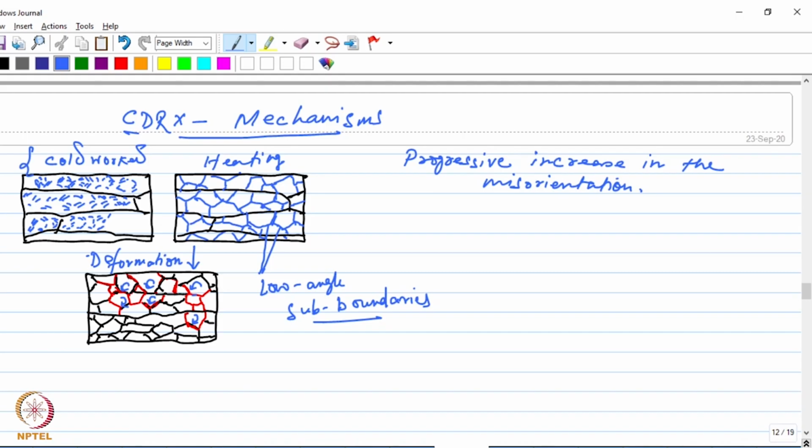So these boundaries which are given in red are those boundaries which have now been converted into high angle boundaries. So you can say that these are the strain induced high angle boundaries, which are generated due to dislocation accumulation and lattice rotation.